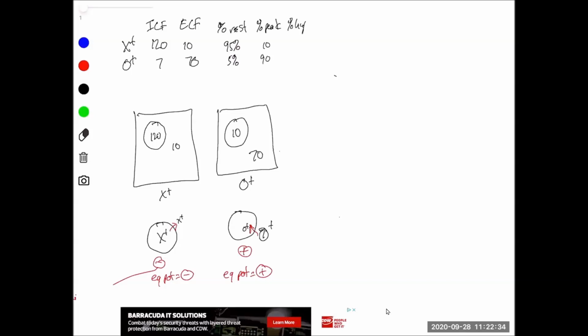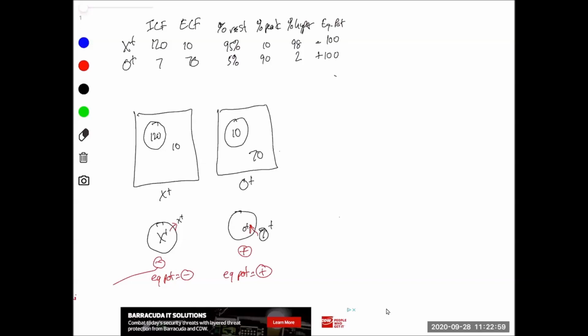Percent permeability at hyperpolarization is 98 and 2. That's again all off the table. And the equilibrium potential, we figured out it's negative for X plus, and the magnitude is given as 100, and it's positive 100 for O plus.